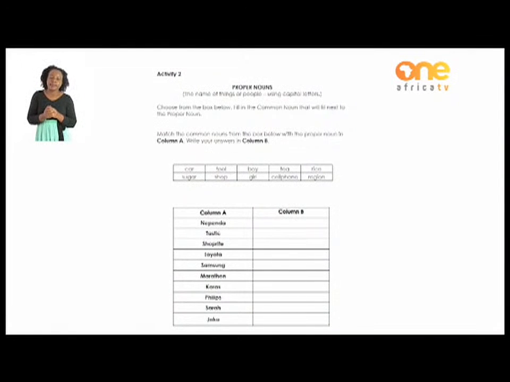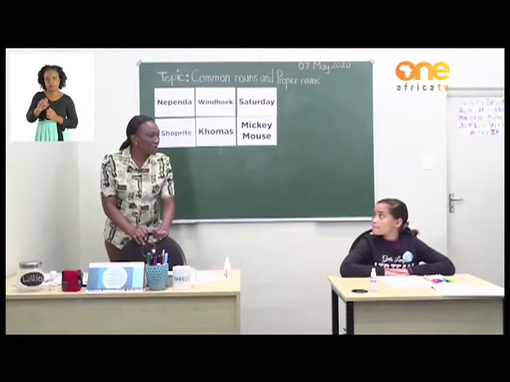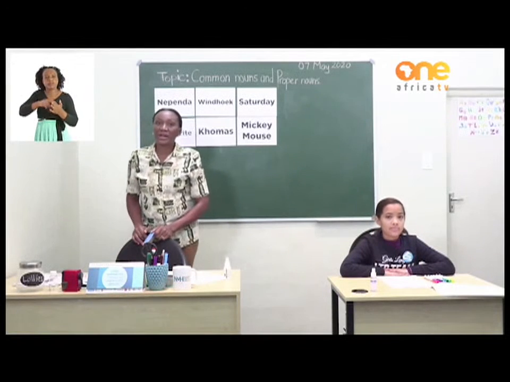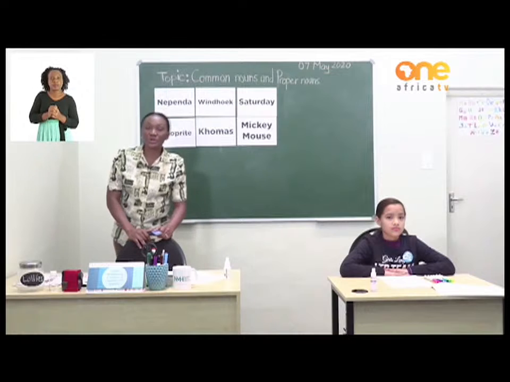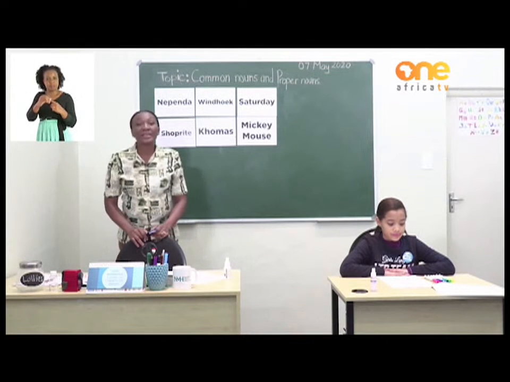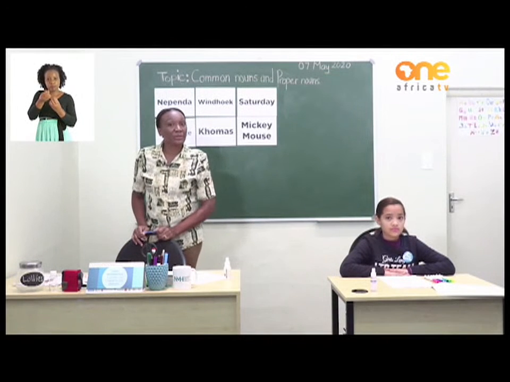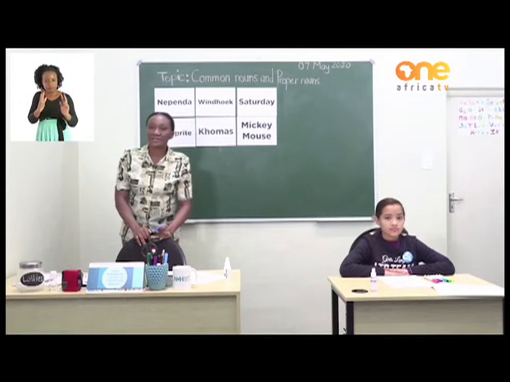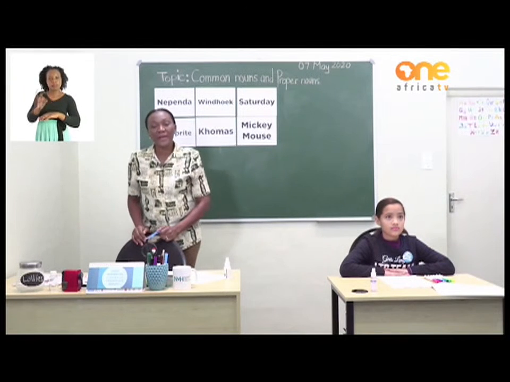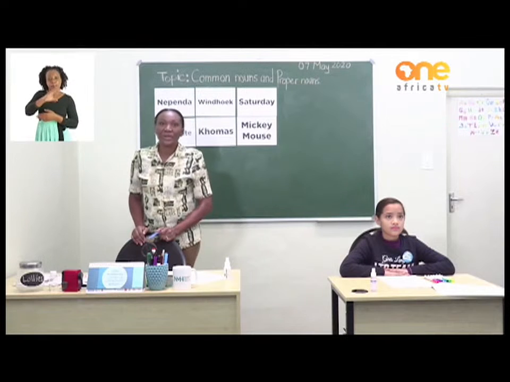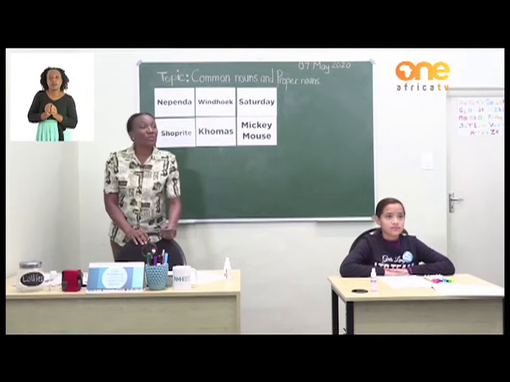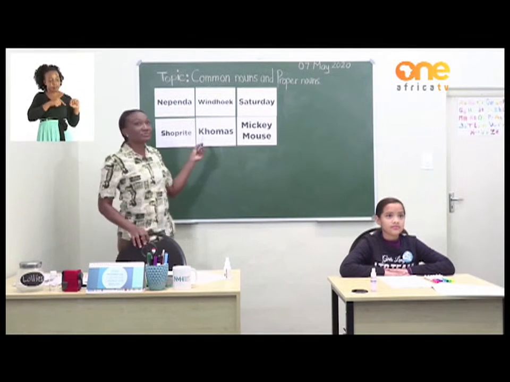Now, on page 5, we are going to look at the proper nouns. Now, Chanel, what is a proper noun? A proper noun, these are names or specific names given to specific people, places, days of the week, and months of the year. I want you to look on the chalkboard.